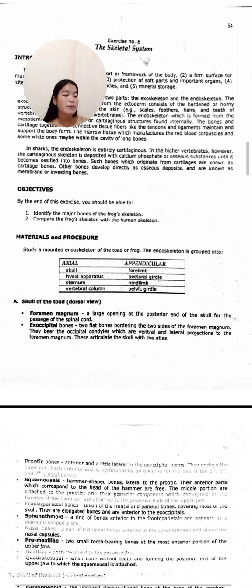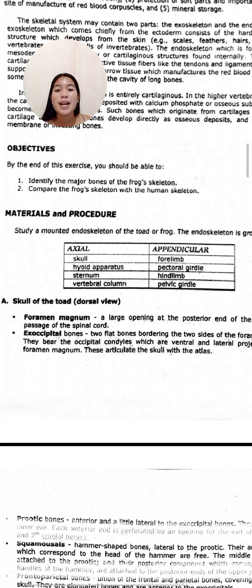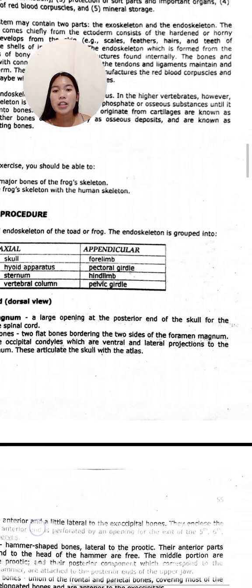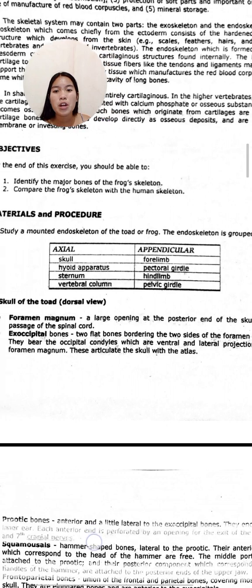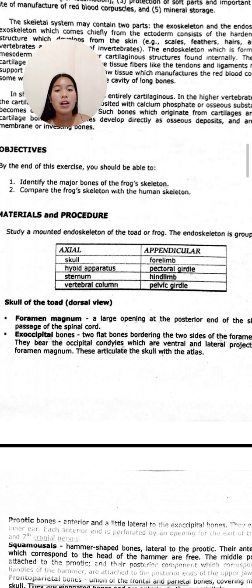Ang ato pong utok ginatawag sab siya og skull. Next is foramen magnum. So foramen magnum is a large opening at the posterior end of the skull for the passage of the spinal cord.